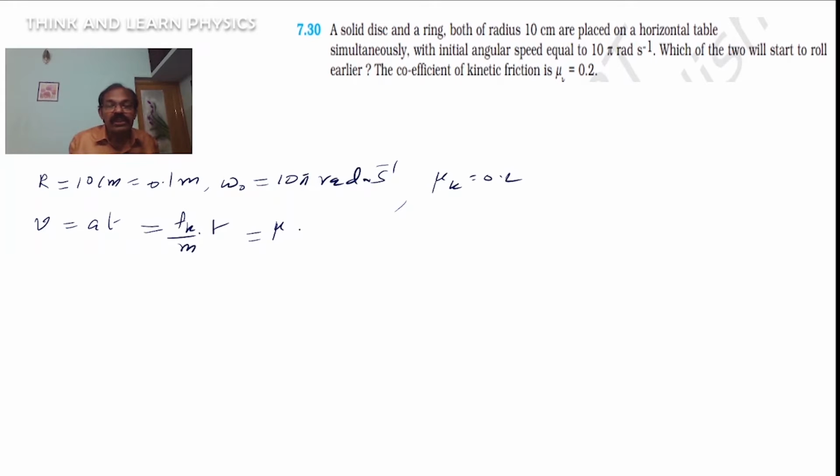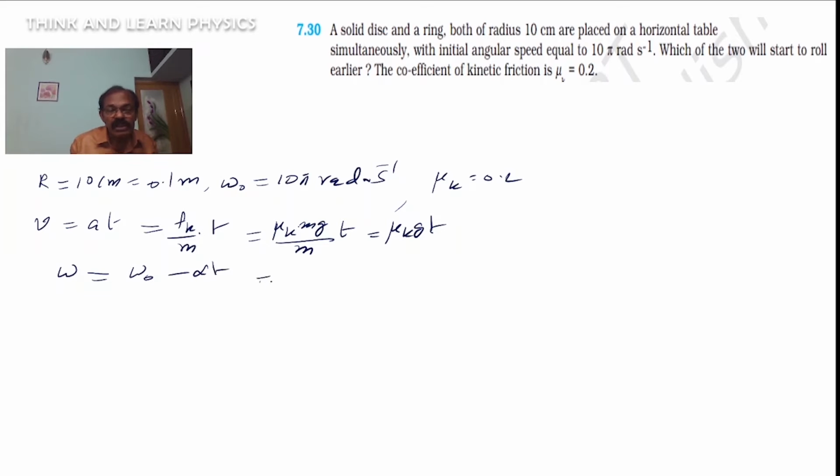Force of friction means mu k into mg, so a equals mu k mg divided by m, that is mu k g, and V equals mu k g t.